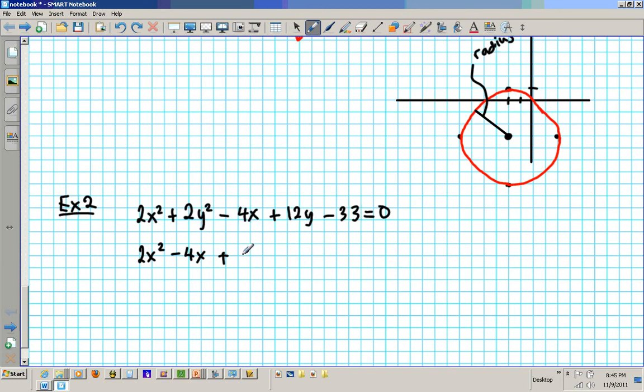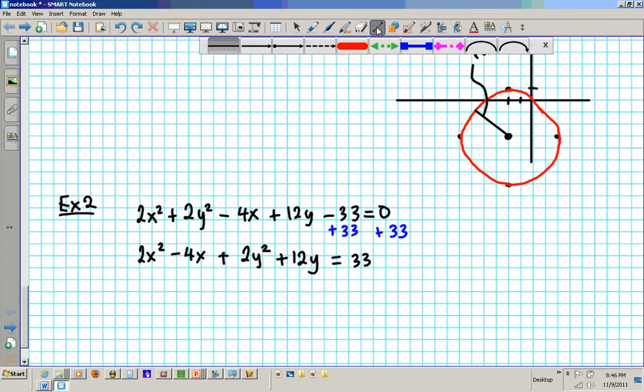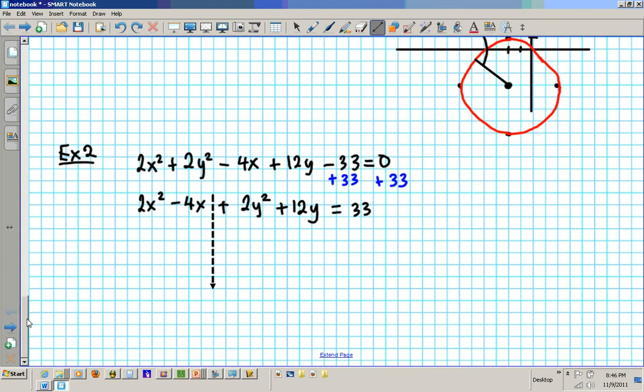And then on the y, we have plus 2y squared plus 12y next to each other. 33 has no x or y, so it needs to be tossed to the other side, so use the opposite, plus 33. Okay? So this becomes equals 33. Now we're going to partition the worlds down in front of the sign, right here. That is how you partition your worlds. Okay?